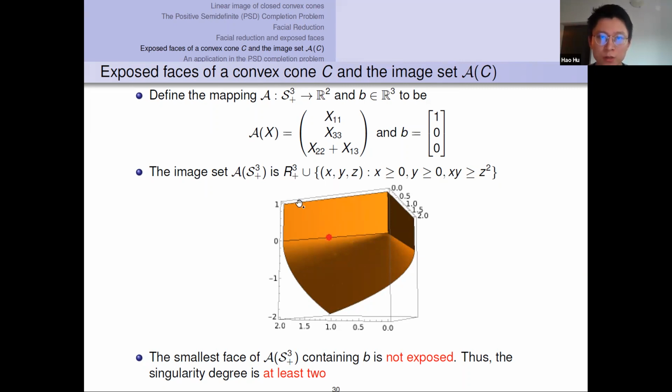Yeah, this is related to what Fei asked. Fei was claiming that if the smallest face of the image set containing B is exposed, then the singularity degree of the original problem is 1.